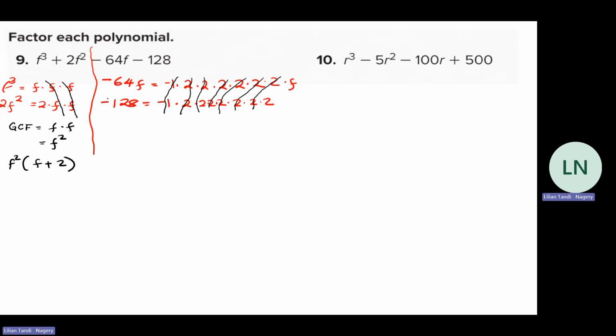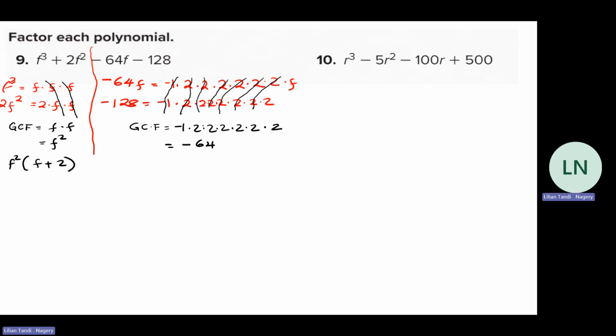Okay, so now we do GCF: negative 1, this 2, this 2, this 2, this 2, this 2. 1, 2, 3, 4, 5, 6. Okay, and then that will become negative 64.